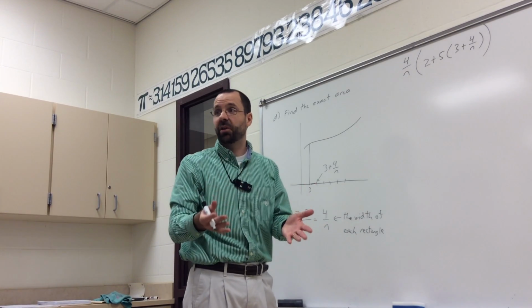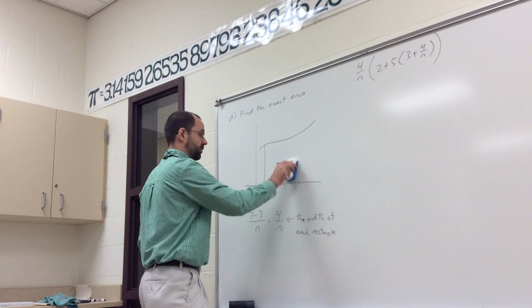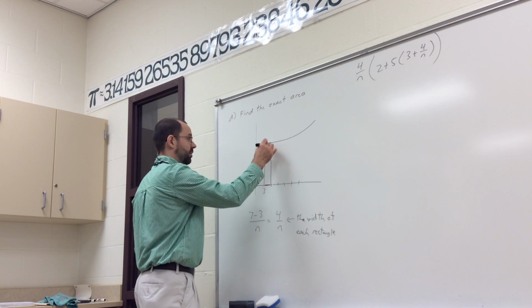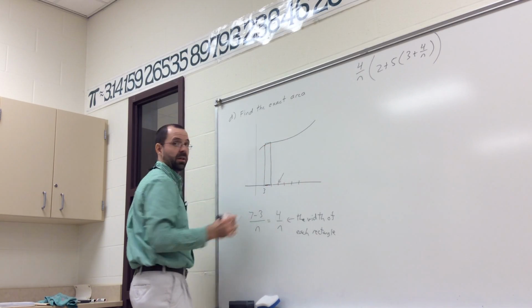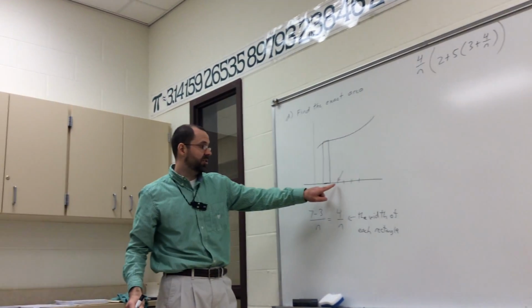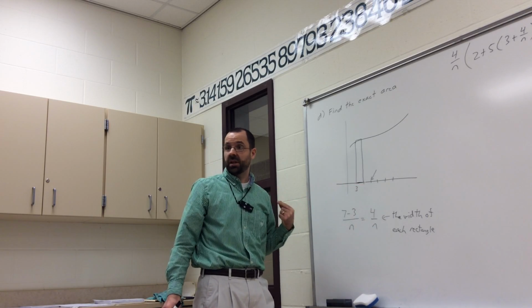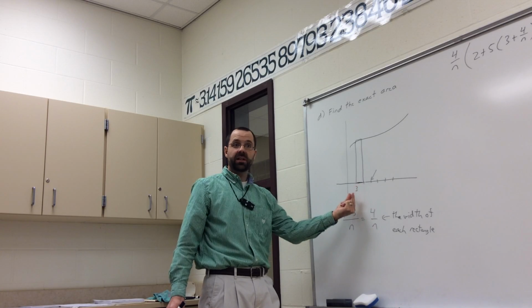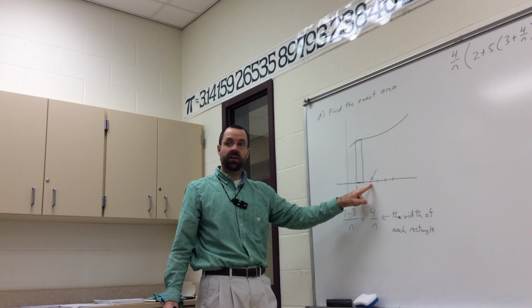Okay, now I need to move on to rectangle number 2. So I've already got the area of this first rectangle. Now I'm going to move on to this rectangle. So I need the x location there. So again, stepping back, let's pretend the width was a half. I would have to take 3 plus 2 halves to get there.